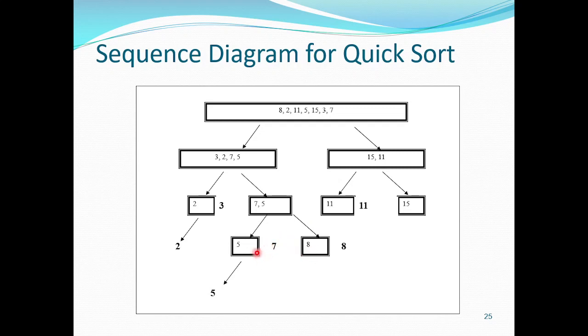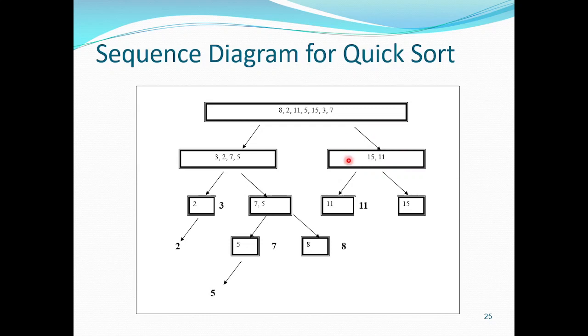And then 5 we move to the left, it means we only have the 5 value for the right side, the third level of the 8 pivot. So the elements that have a larger value than the pivot, 15 and 11, will be on the right side.